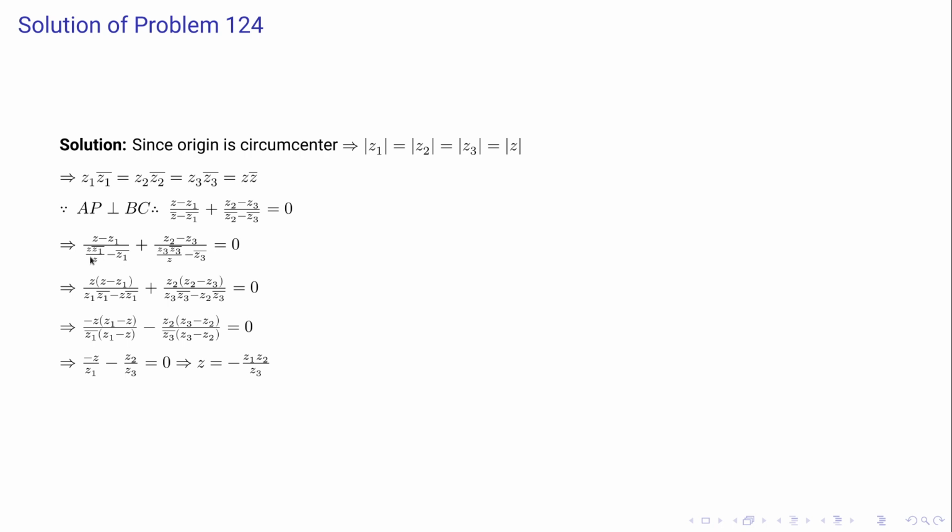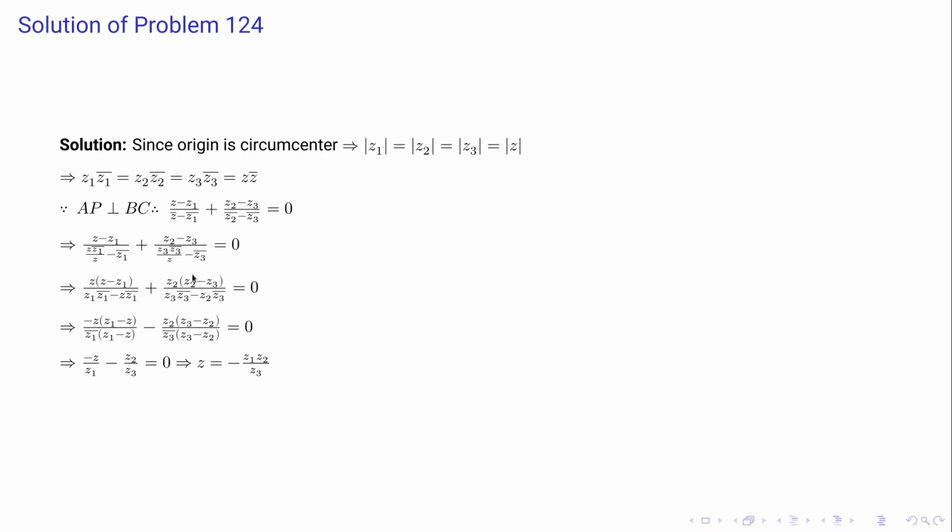Let me think, this should be Z1 bar. This is also wrong. This one should be Z1 bar by, hang on, Z bar. Yeah, Z1 bar by Z. And this is Z3 bar by Z2. So now we bring Z to the top, we bring Z2 to the top.